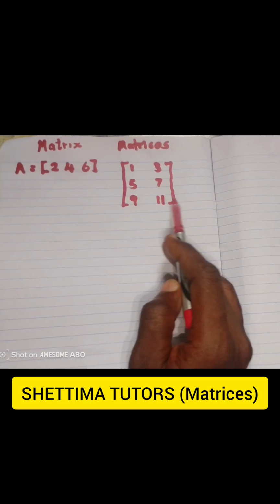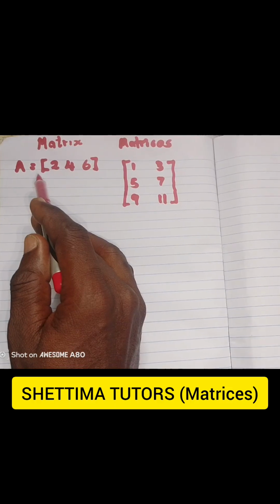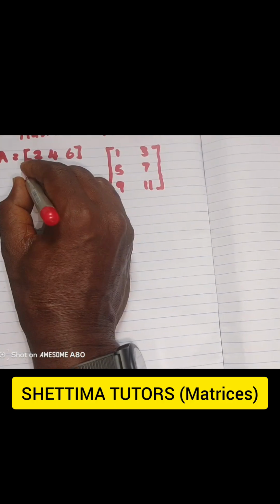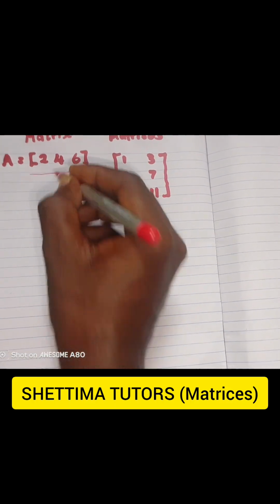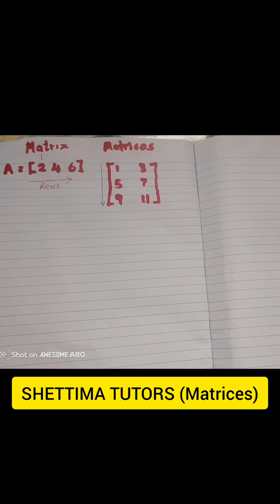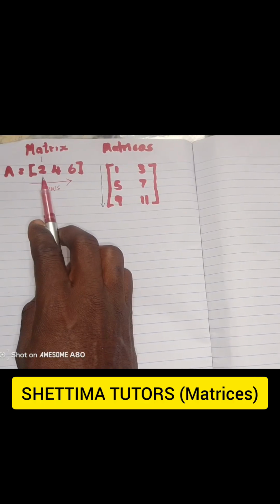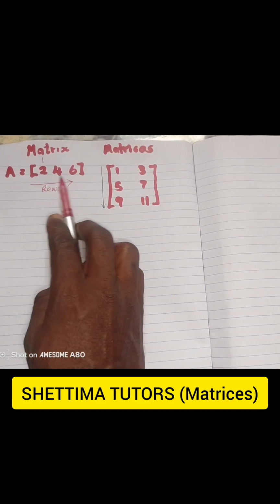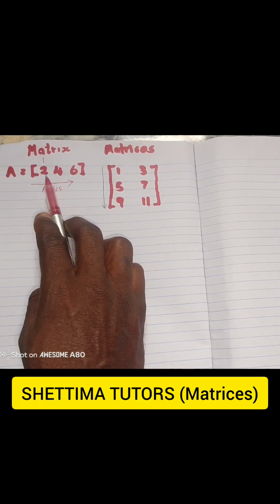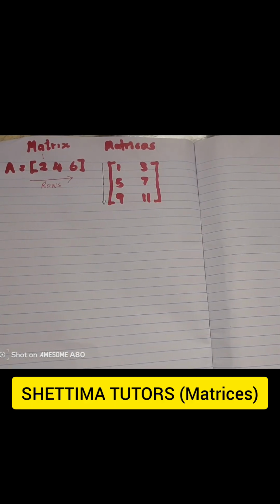The rows are the horizontal component, while the columns are the vertical component. In every matrix, you have elements. All these are elements of matrix A, and these are elements of matrix B.